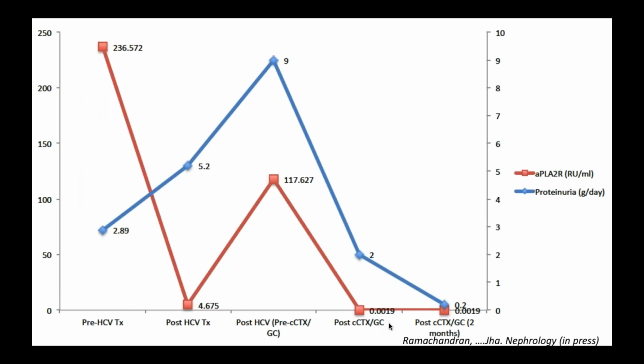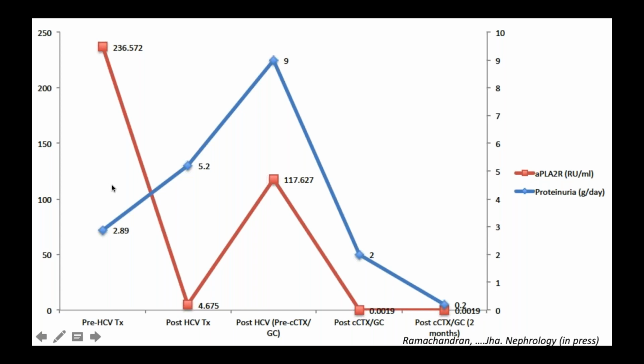Ramachandran and colleagues, who presented with nephrotic syndrome, was biopsied, and was found to have membranous nephropathy which was phospholipase A2 receptor antibody positive, and the serum phospholipase A2 receptor antibody level was also quite high, but the patient was hepatitis C virus positive.